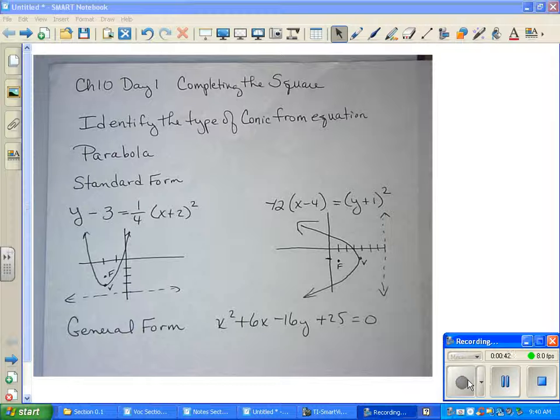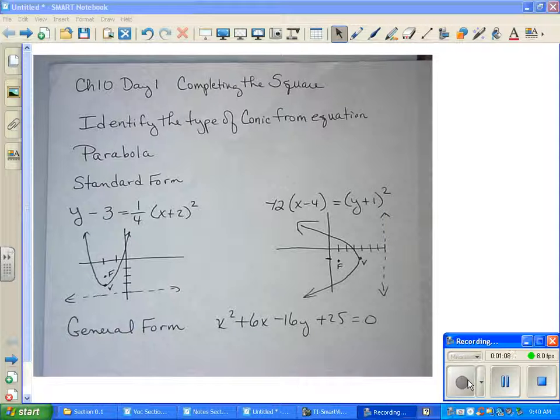Then look at circle and maybe flip over to ellipse and hyperbola on the back and see if you can determine what's different about the parabola equations versus the other 3. If we can identify something different, then maybe that'll make it easier to know it's a parabola. So what do you think?